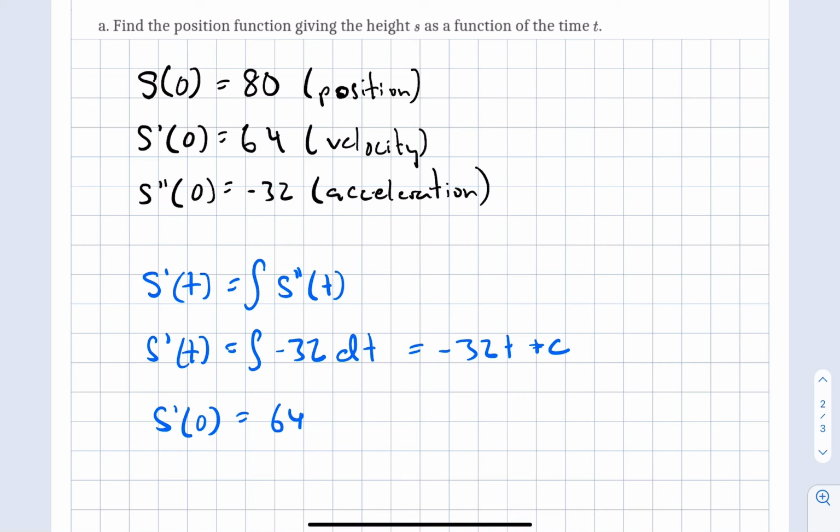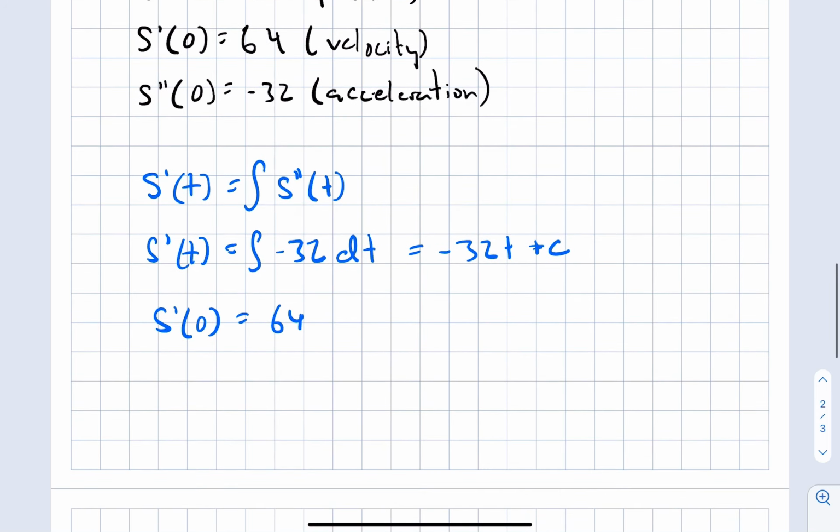Okay, so now, using our technique from before, if I start replacing some things here, I'm going to say that 64 is going to equal negative 32 times 0 plus c.